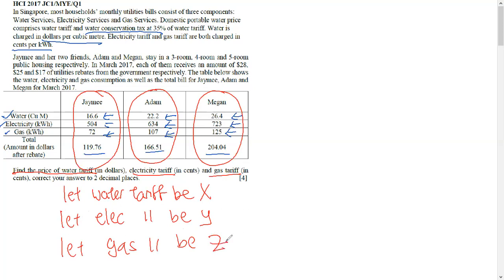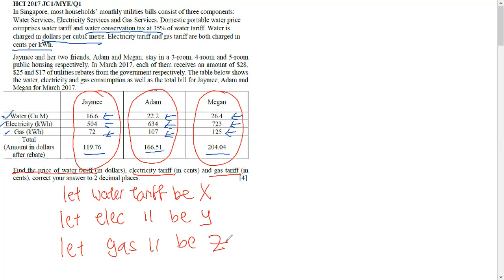This will happen for almost every single question. We will straight away set the unknowns to be x, y, and z. Don't read too much else into the other parts of the question. The only thing you have to do here to start off is to let the unknowns be x, y, and z.